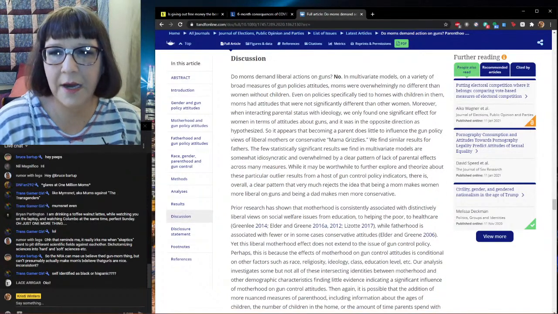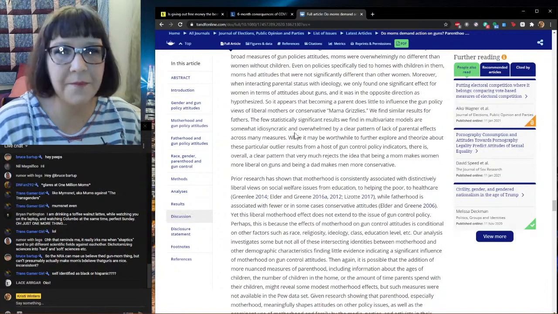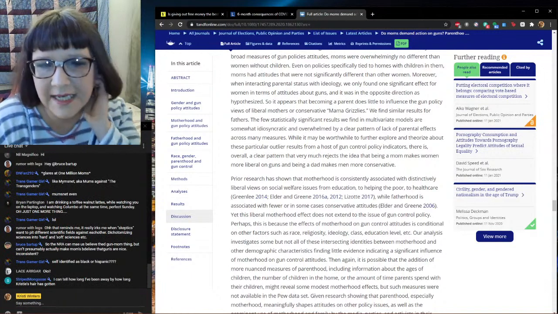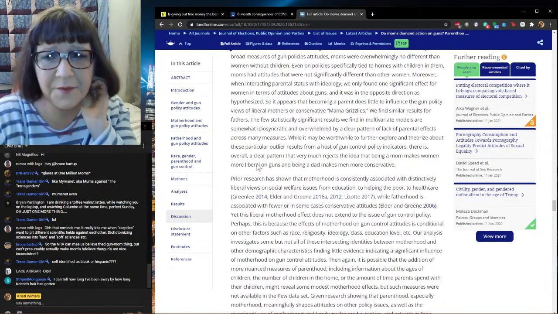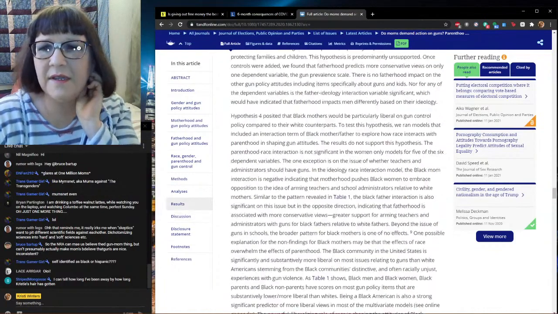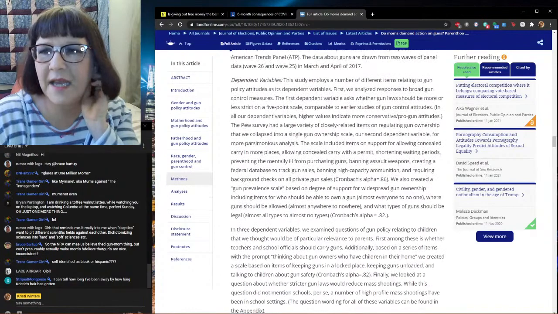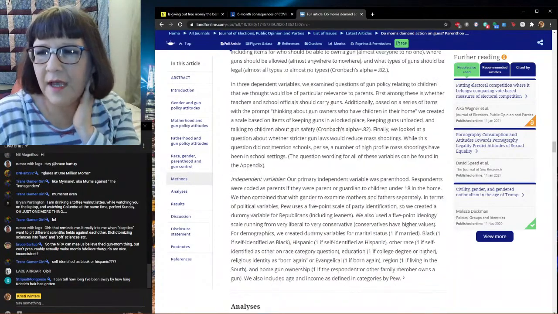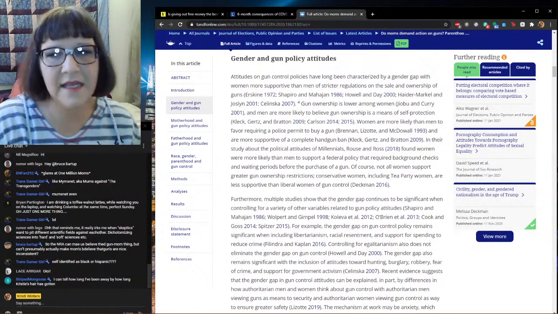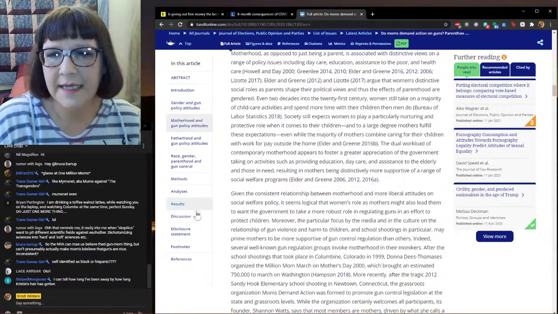Moreover, when interacting parental status with ideology, we found only one significant effect for women in terms of attitudes about guns, and it was in the opposite direction of what the theory predicted. So with these articles, if you get a chance to read them, oftentimes when you get beyond the difficult statistical terms, sometimes I had to learn how to block out all of this stuff where it gets messy with all these names, and just blank them out unless I'm interested in a particular result.